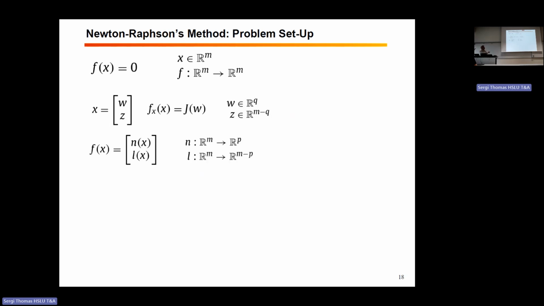And we also split the residuals in nonlinear residuals and linear residuals. And this distinction is such that f of this vector can be split into a nonlinear function that also, by linear I really mean linear, not affine.